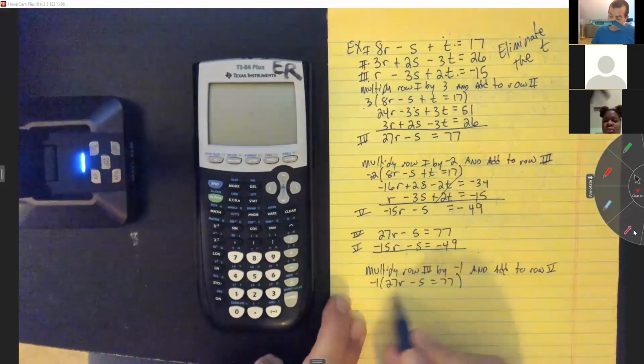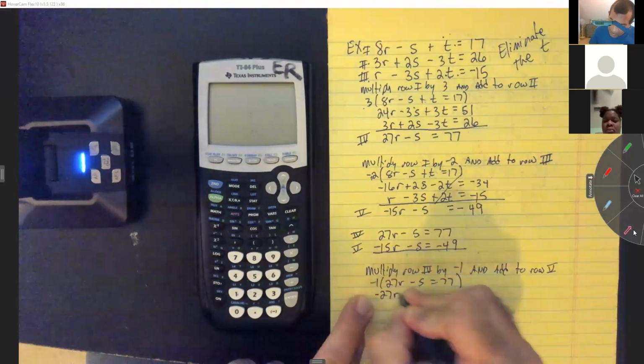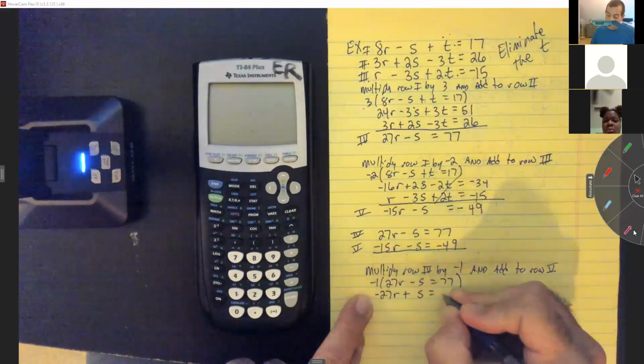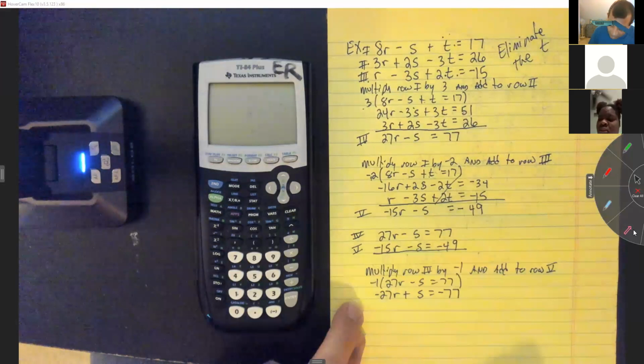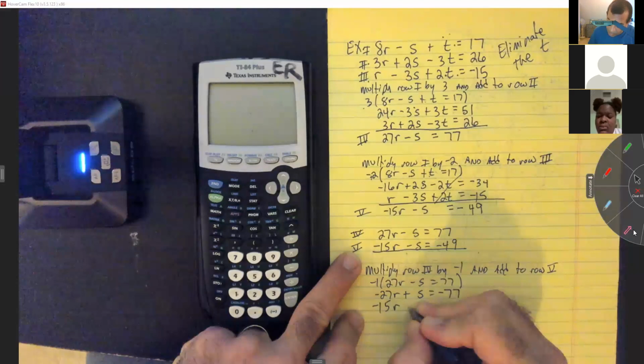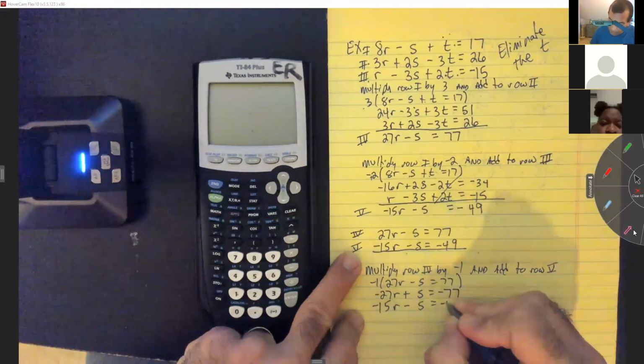That's just going to change all the signs. I get negative 27R plus S equals negative 77. Add that to row 5, which is negative 15R minus S equals negative 49.